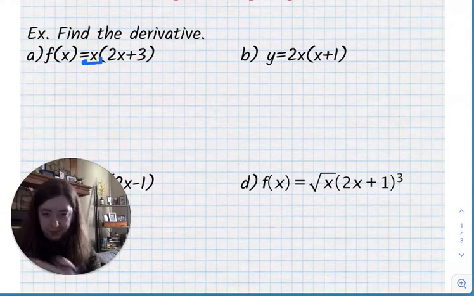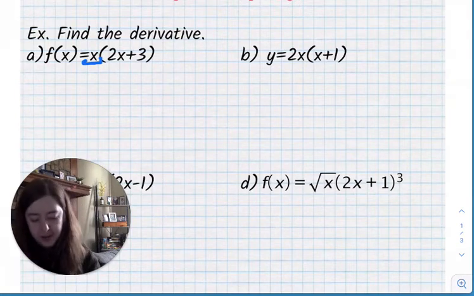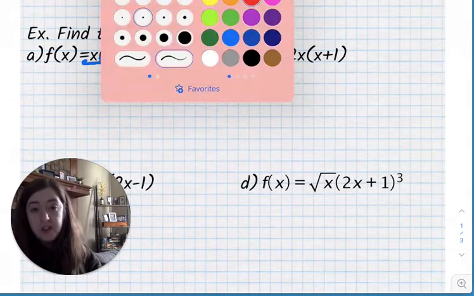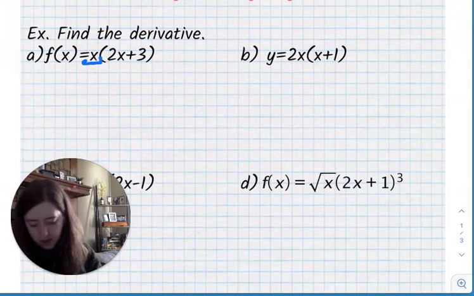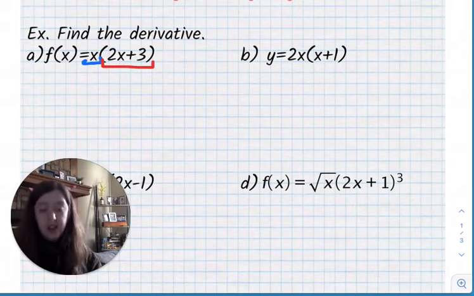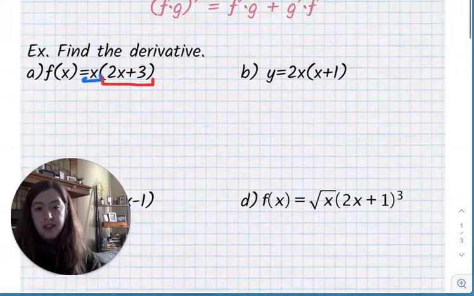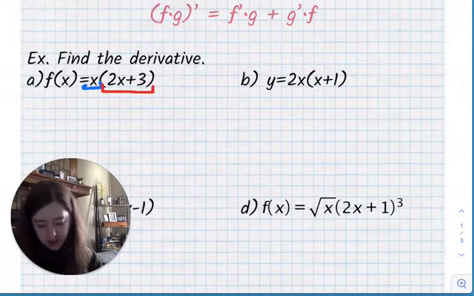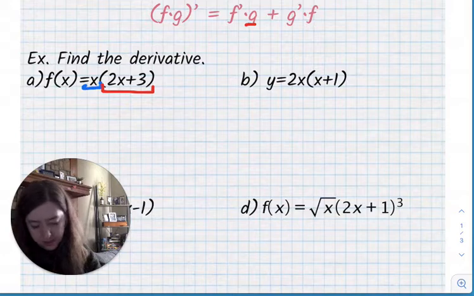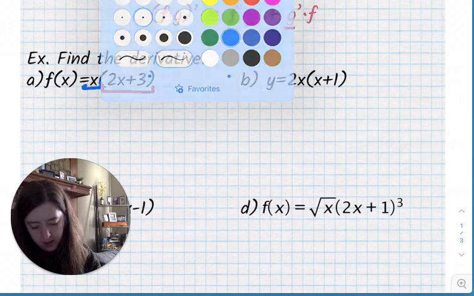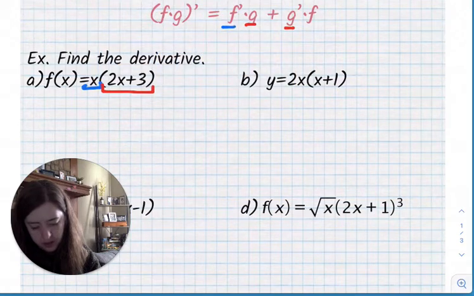So x is going to be my first, and then 2x plus 3 is going to be my second. So I'm going to go ahead and underline in the corresponding color. Cool.